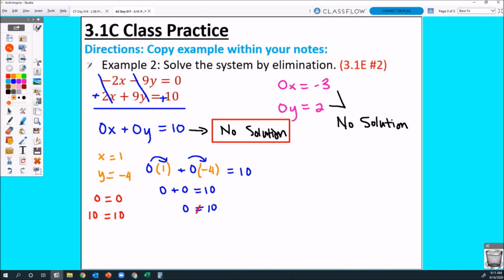Now, this is one special case. The other special case, if you recall from substitution, I mentioned how if you have a 0x equal to 0, or a 0y equal to 0, then these two scenarios are considered infinite solution.